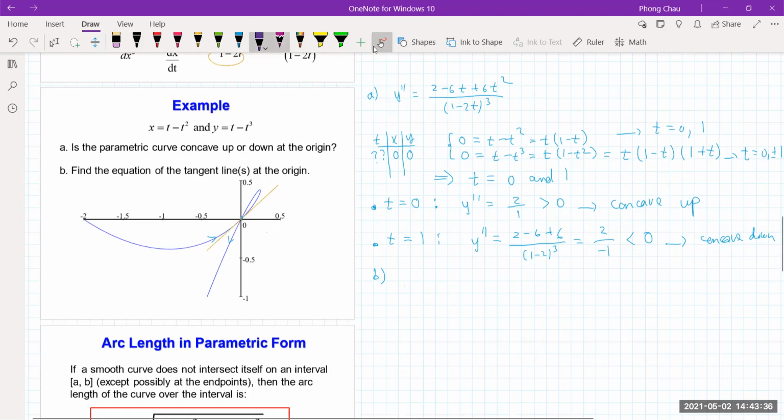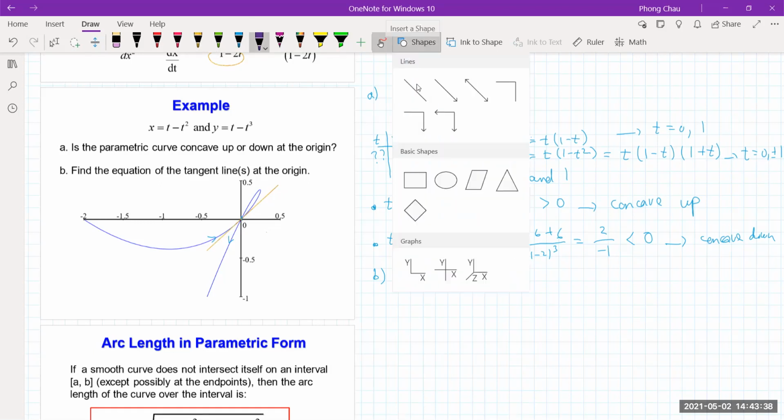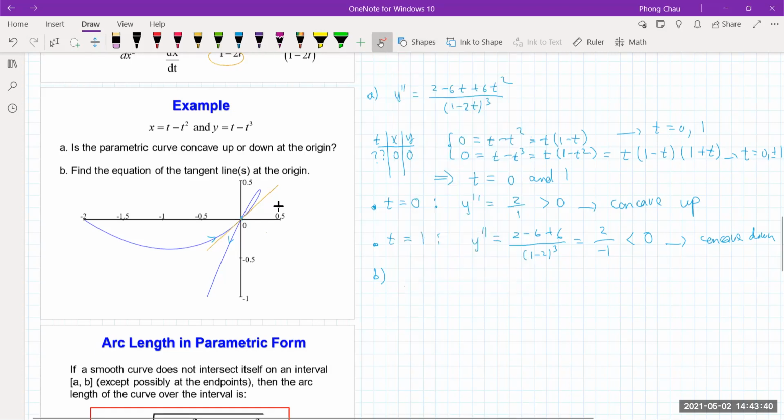We also have the second tangent line if we are looking at the other part. You see this one is kind of concave down, and I think the tangent looks more like that one. Make it look better. Okay, so like this.